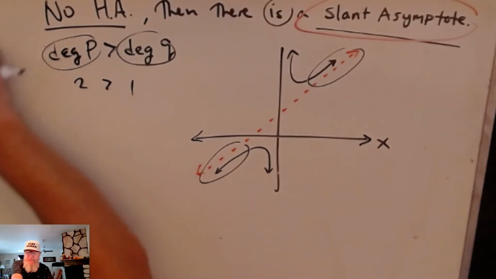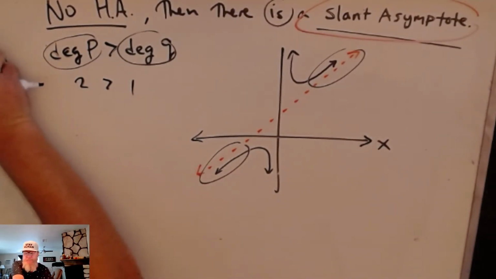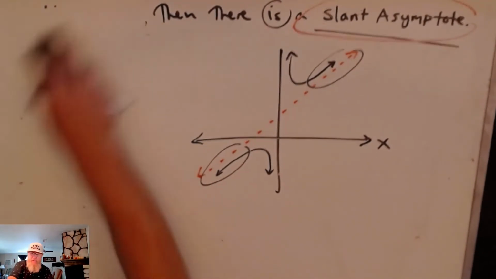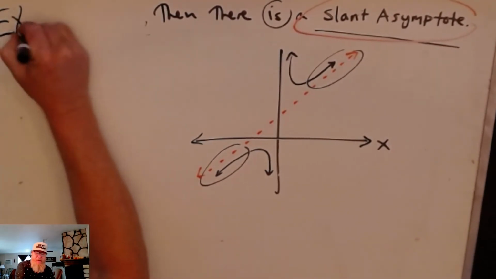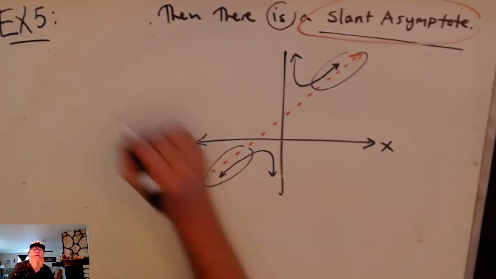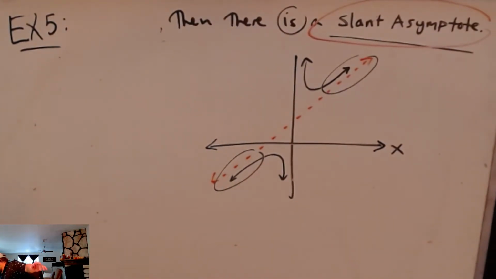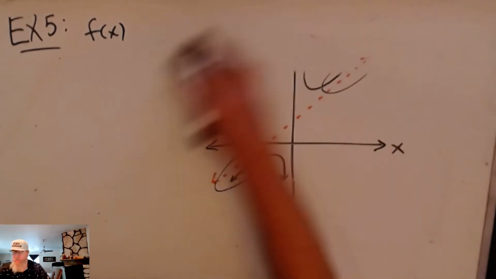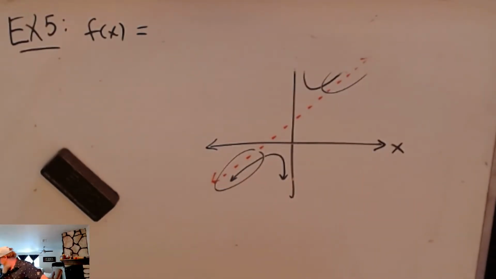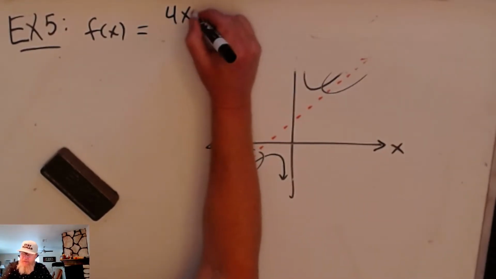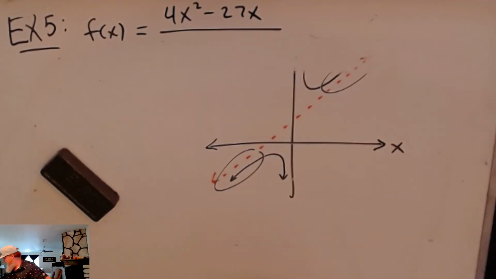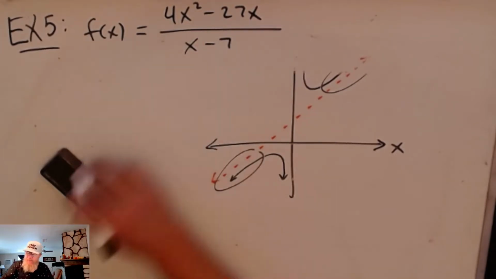So let's do an example. I kind of already gave it away. So let's do the numerator is 4x squared minus 27x, and the denominator is x minus 7.